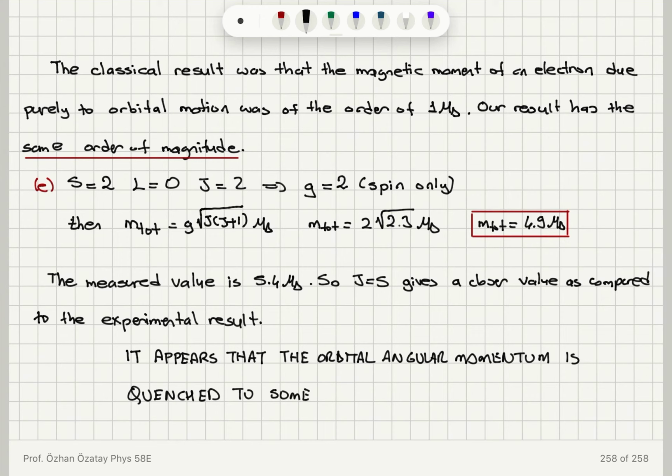Quenched means it doesn't respond the way it's supposed to to the magnetic field. It seems to be fixed in position, and as we will find out, it's actually quenched due to the crystal field. The electric field environment basically forces the orbital to be fixed and not responding as much as it should to the change in the external magnetic field.